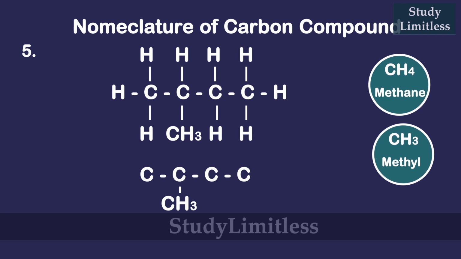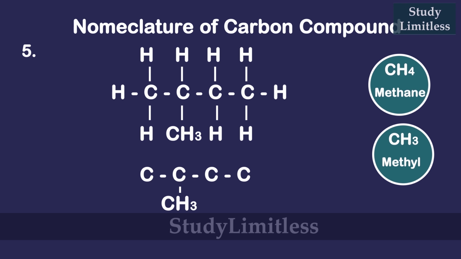Again, let's count the number of carbon atoms. We have first, second, third and fourth. As you have 4 carbon atoms, you have butane. But if you look carefully, there is a CH3 group attached to the second carbon atom. How are you going to represent this?